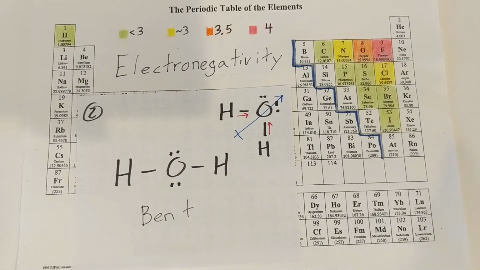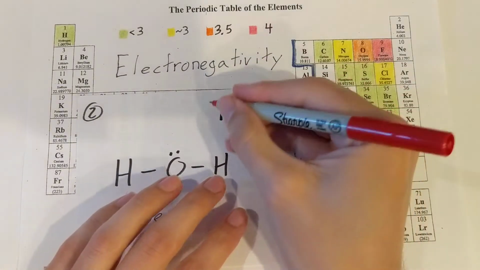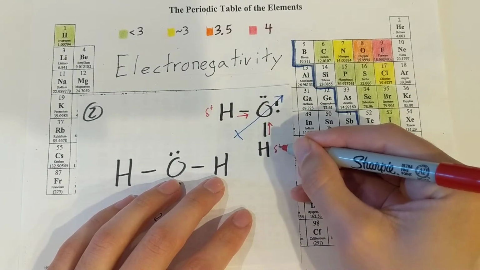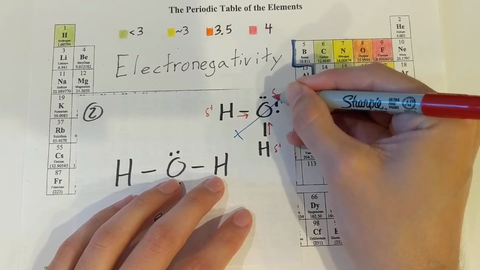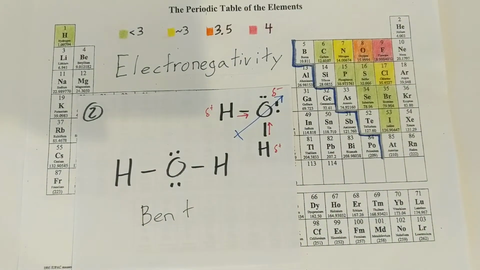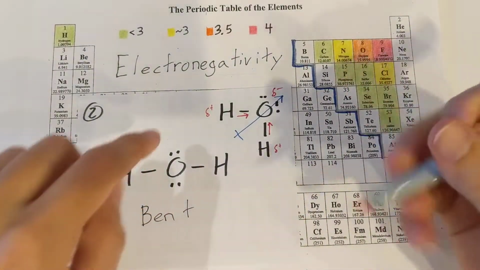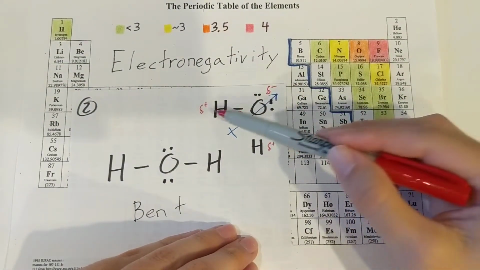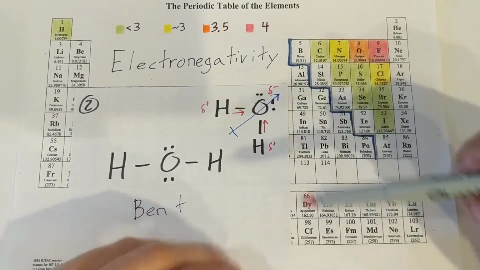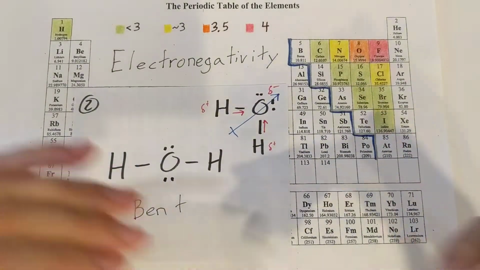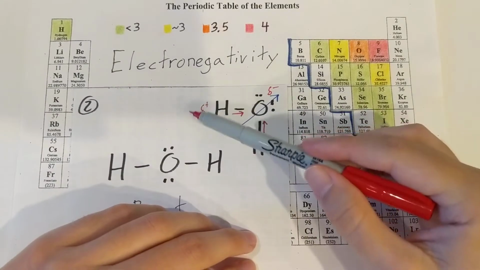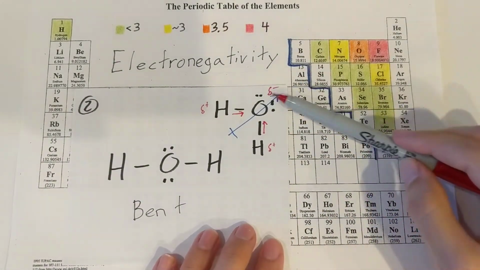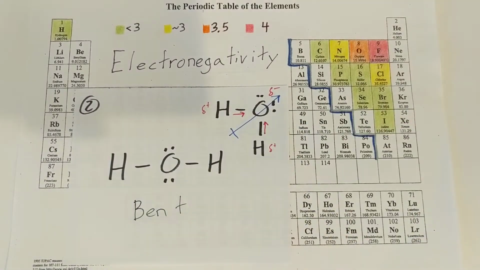If we wanted to draw the partial positives and partial negatives, each of these hydrogens is going to be a little bit of a positive, and this oxygen will have a partial negative. And again, I want you to remember, it's a neutrally charged molecule. So if you add these 2 partial positives and that partial negative together, it'll equal 0. We don't need to know the exact numbers here, but just know that when we add all the charges up, it'll come out to 0. So this is a larger partial negative than either of these partial positives.